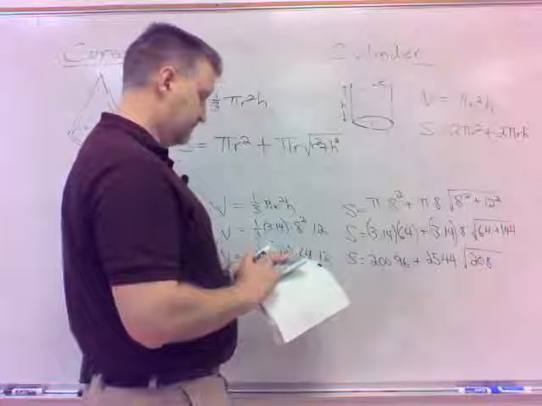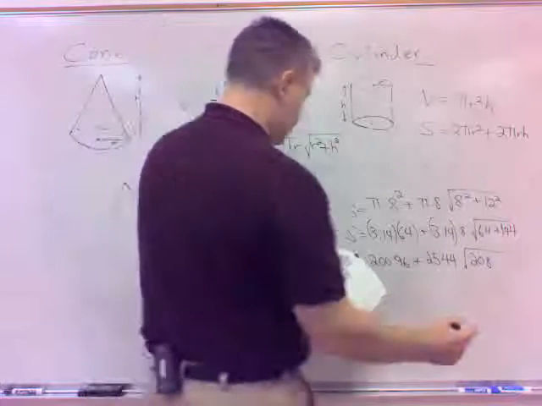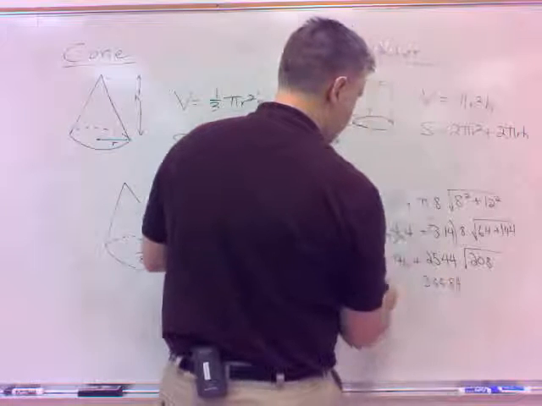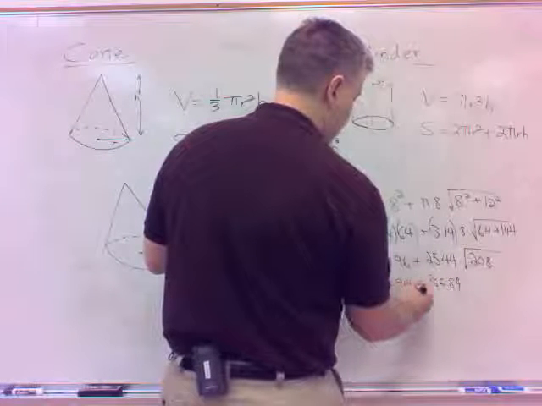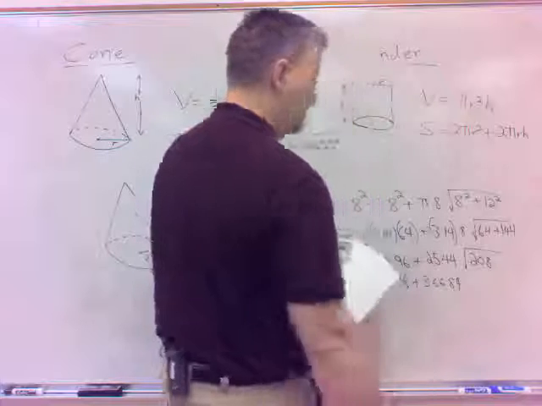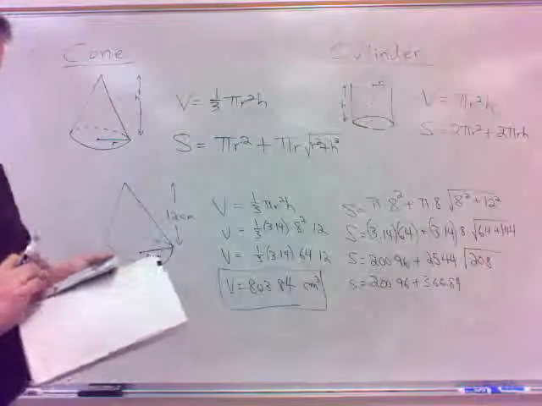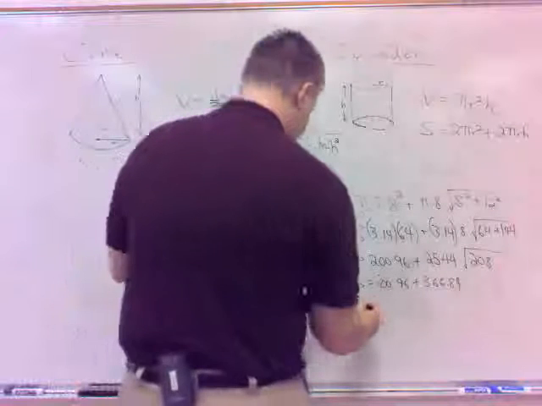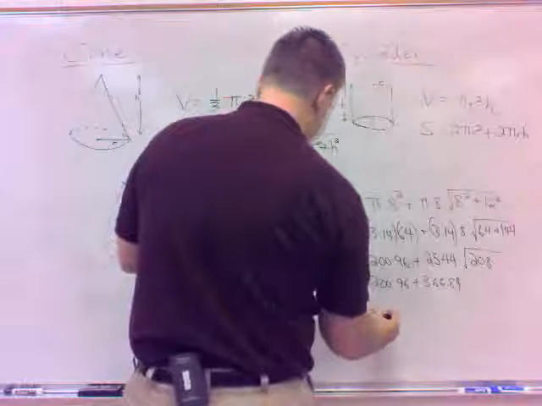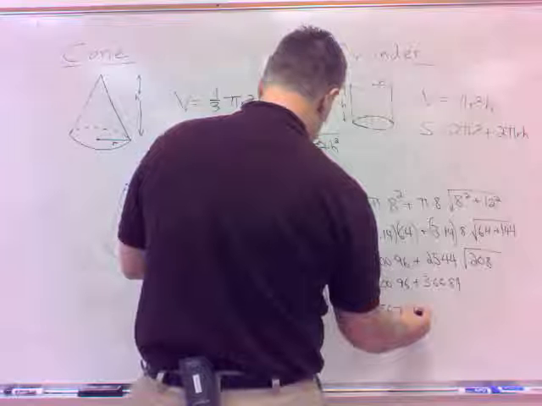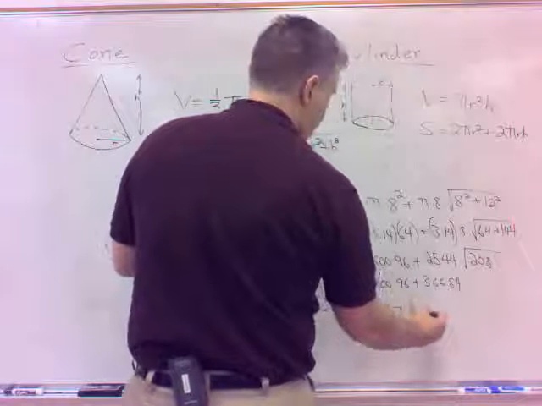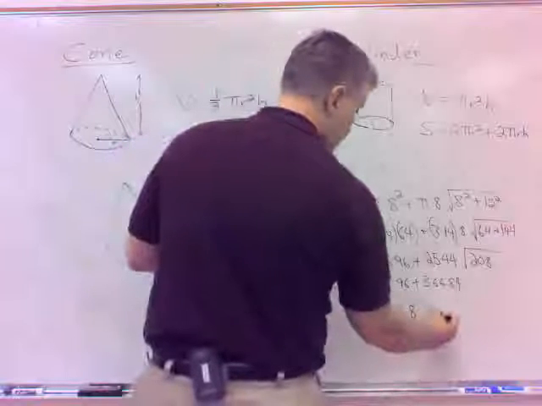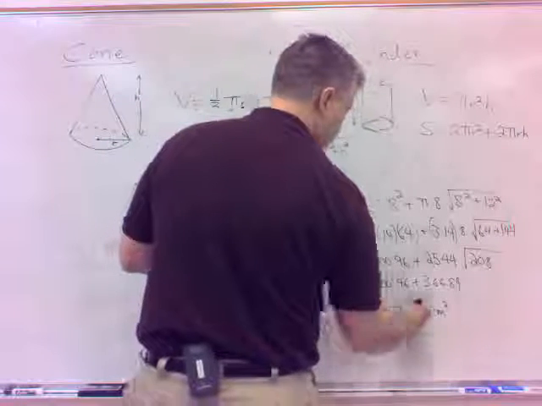That's 366.84. Then I add 200.96. Then I add those two together. So be careful with that. Get your order of operations right. Surface area is 567.8. And what are the units? Square units are areas, so centimeters squared for surface area.